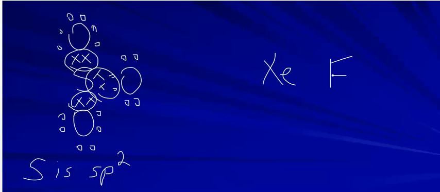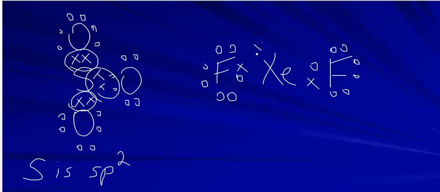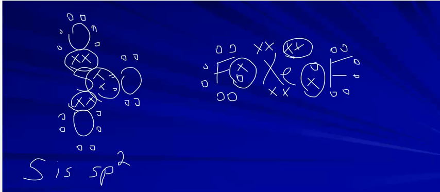Do one more. XeF2. Draw the Lewis structure. This is one of the expanded octets, and you'll notice that xenon has 5 pairs of electrons. Now we do count lone pairs.